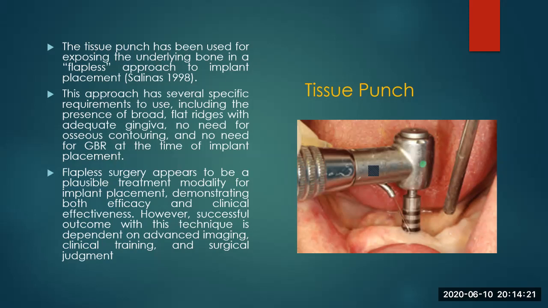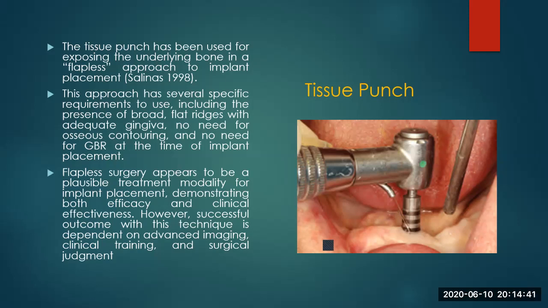Because of the irregularities in the surface of the alveolar bone, some of the surgeons prefer to open a flap and level the crestal bone, make it in one level, so that they can make sure that the implant will be inserted and all the surrounding bone will have the same measurements.